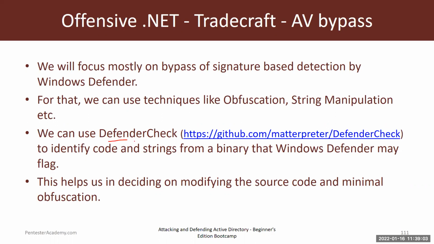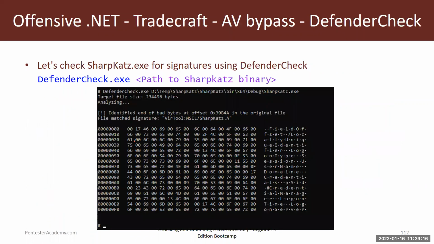So just like we used MZ check earlier, we will use Defender check here. This identifies code and strings from a binary that Windows Defender may flag. For example, if we pass Shortcuts to defendercheck.exe, it complains about this. Now, defendercheck.exe that we have used in the lab does not exactly tell you which string it has problems with, but usually that is at the end of the block.